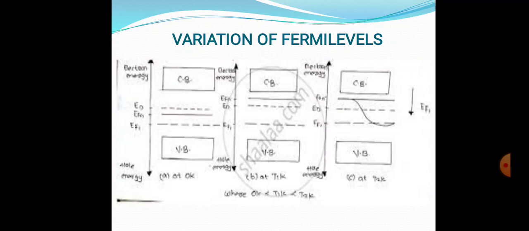If you do it, those trivalent atoms accept electrons from the valence band. In this way, we can prevent either the downward transition in the n-type semiconductor or the upward transition in the p-type semiconductor by adding impurity up to the level of 10 to the power of 28 atoms per meter cube.